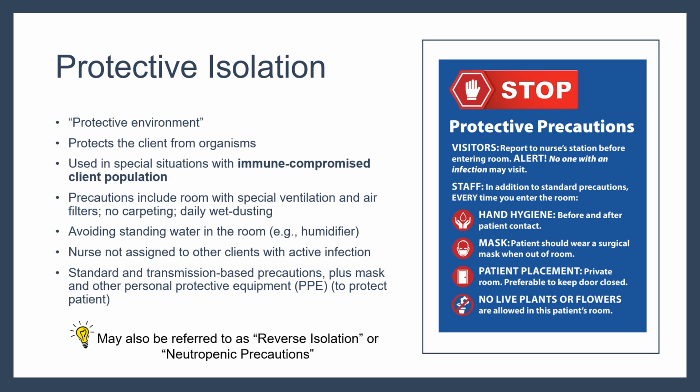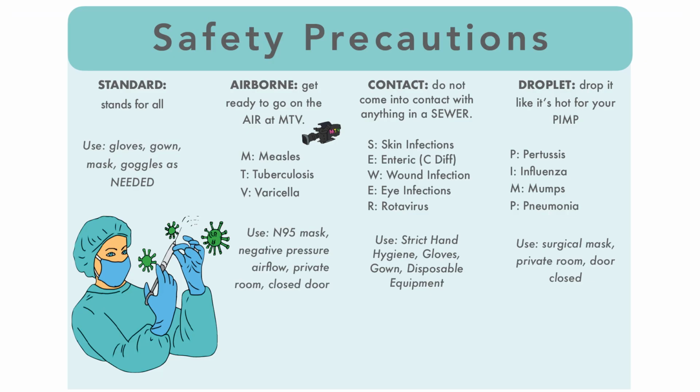So we want to wear a gown, gloves, and a mask so that we don't infect the patient. This is also called reverse isolation or neutropenic precautions. This is really common with patients who are on chemotherapy or who have extensive burns over their body. This is just another picture you can reference.